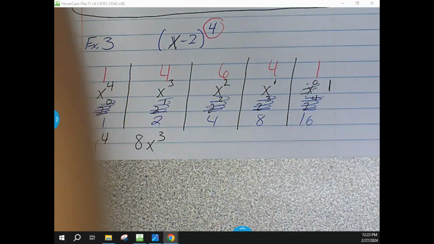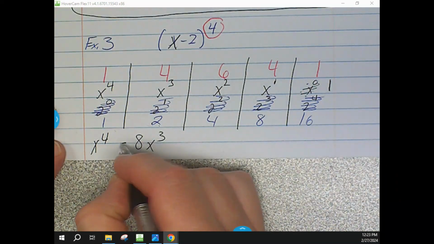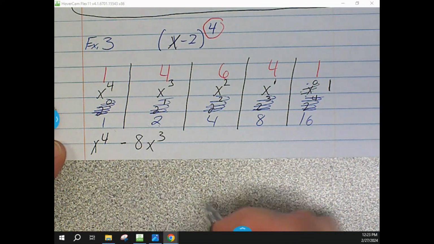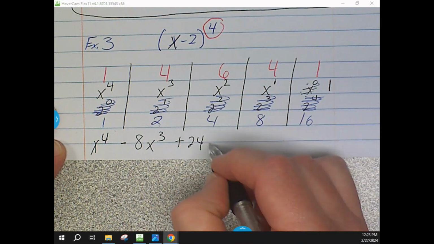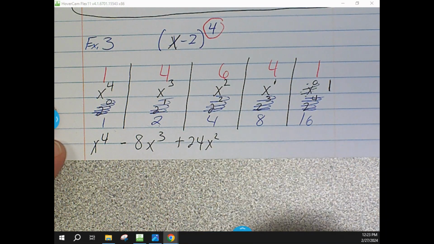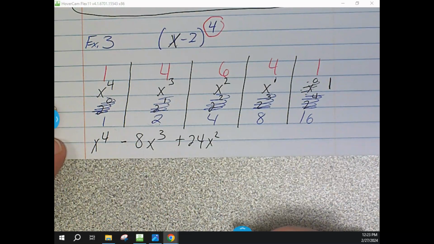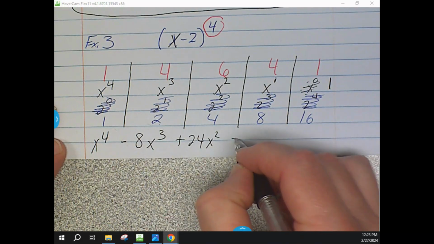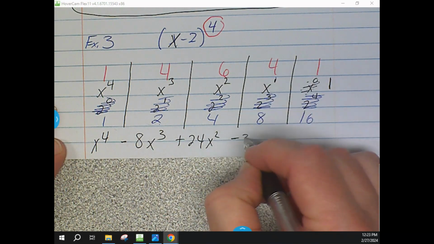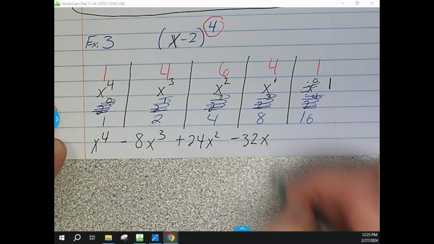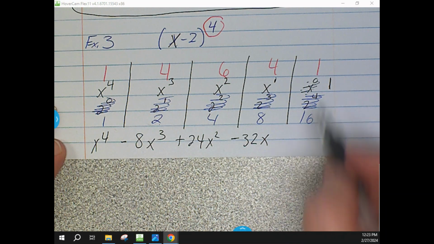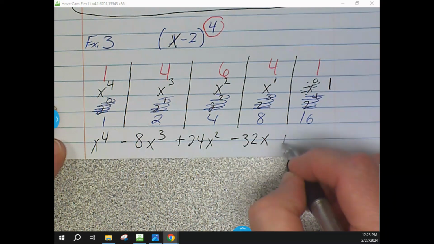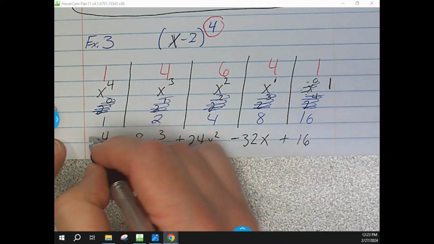So you always start with a positive, which means the second number is going to be a negative. The next one is going to be a positive. 6 times 4 is 24, x squared. This one's positive. The next one's negative. 4 times 8 is 32, x to the first, or just x. And then on the end, it's 1 times 16. And that'd be the answer there.